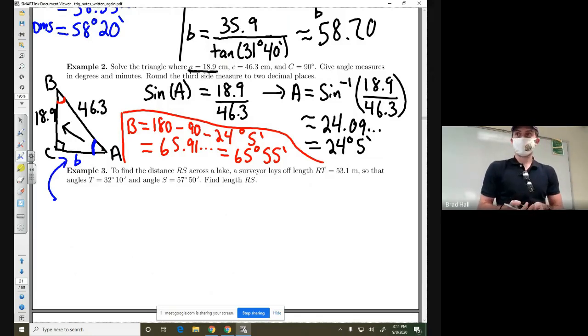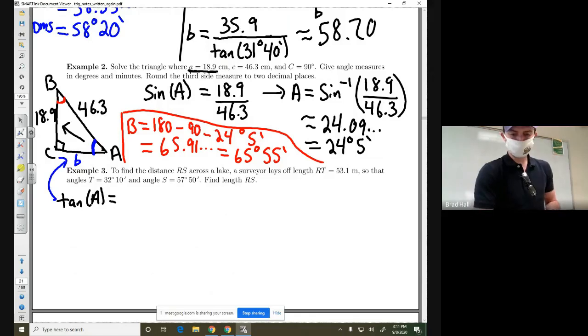To figure out the missing side, because we have to solve the triangle, we can either use the Pythagorean theorem, which I tend not to use, or one of the angles to help us determine that. So it turns out that tangent of A is equal to 18.9 over b.